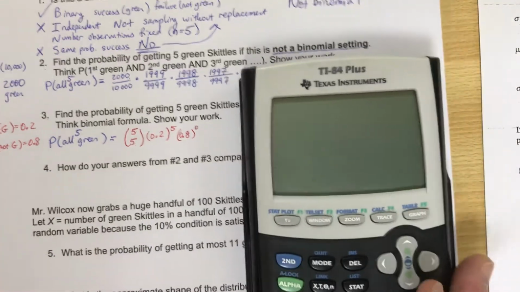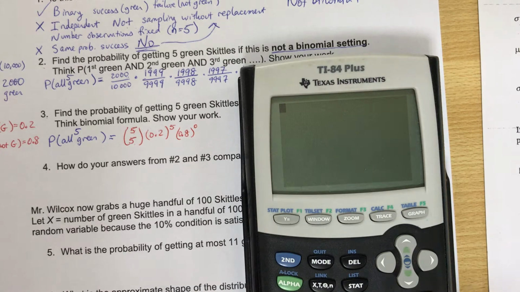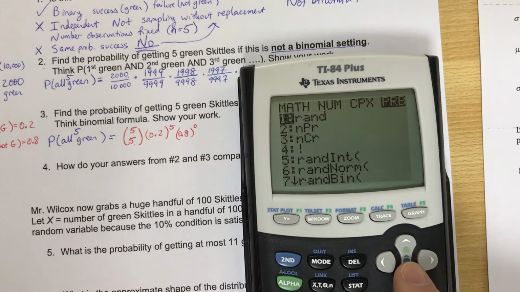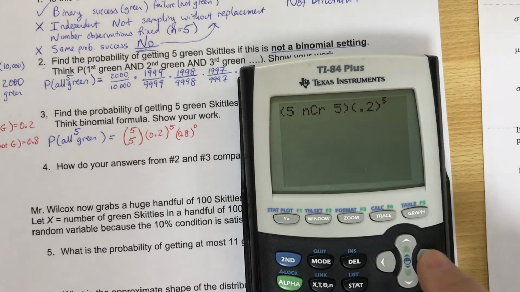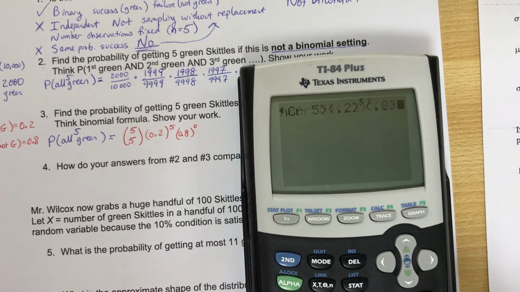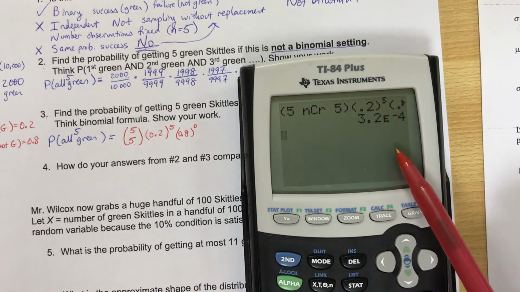And so if we work that out, NCR 5 times 0.2 raised to the 5th times 0.8 raised to the 0 equals, okay, 3.2 e minus 4.